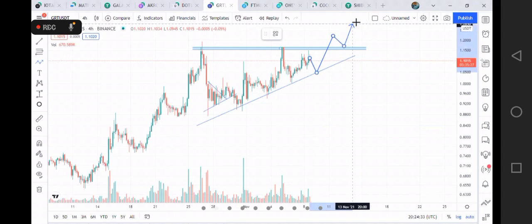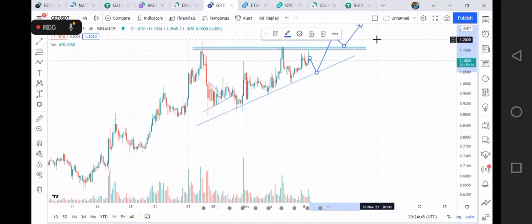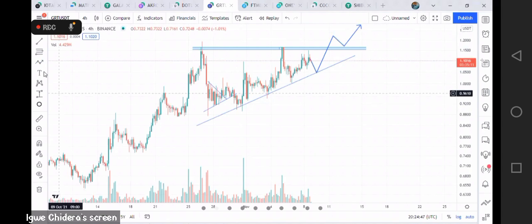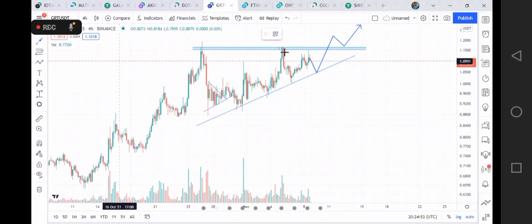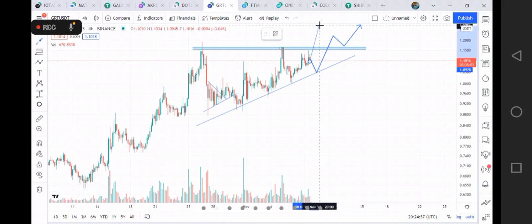Or, sorry, what am I doing? And boom. Or, just a breakout from here. It can happen. You see? So, these are two possible scenarios.